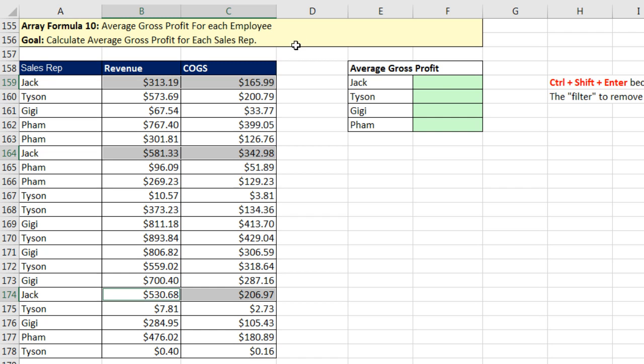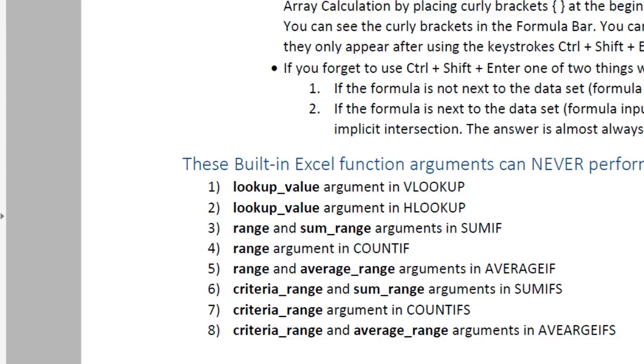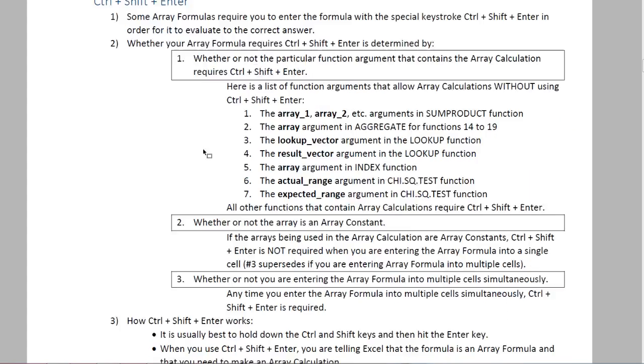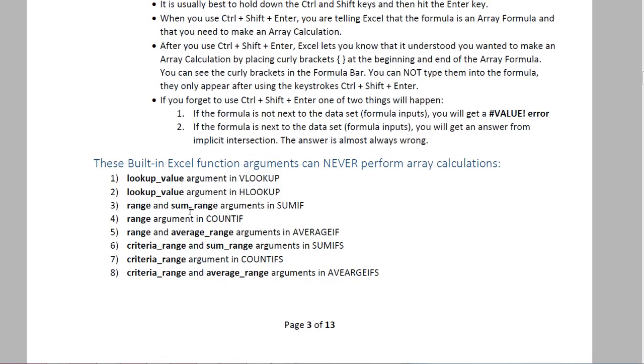So somehow in my formula, I need to filter out all of the values that don't match the condition or criteria. Now, I would like to use a function like AVERAGEIFS because we're calculating the average. But we've got to go over to our PDFs. And on page 3, here is a list of the sad functions in Excel that can never do array calculations.